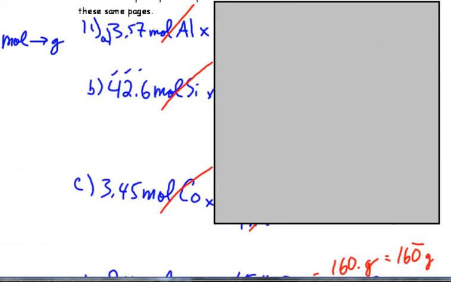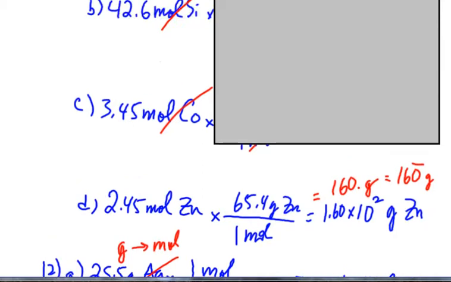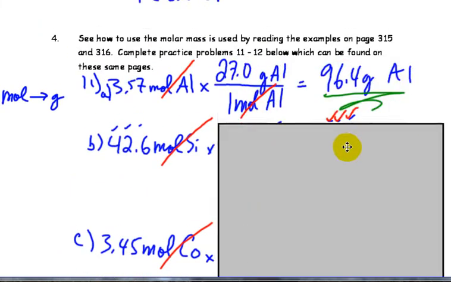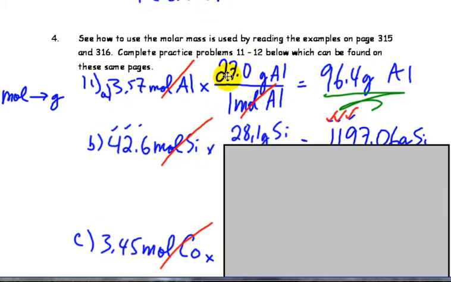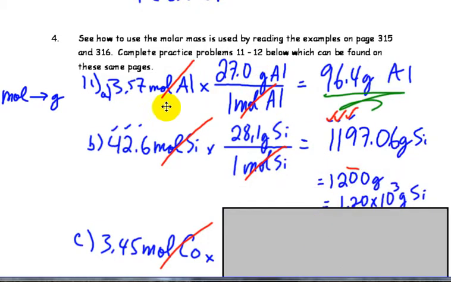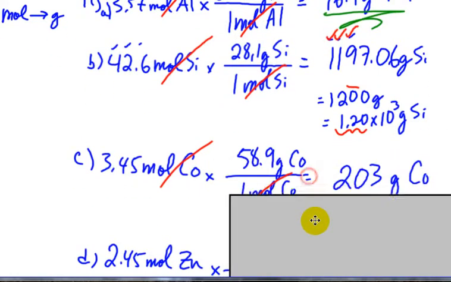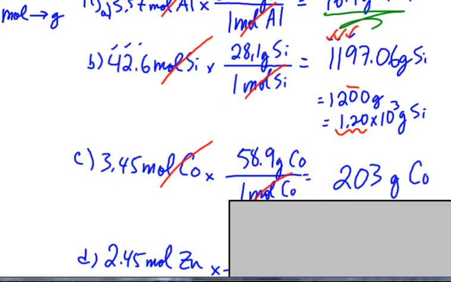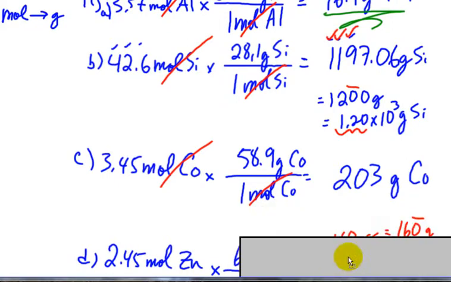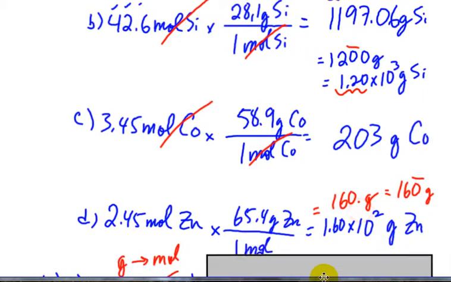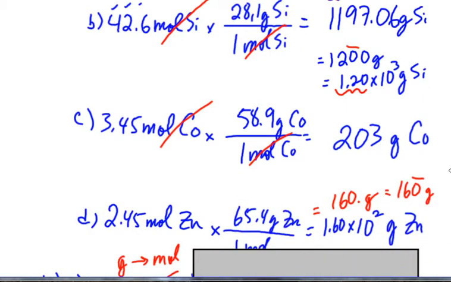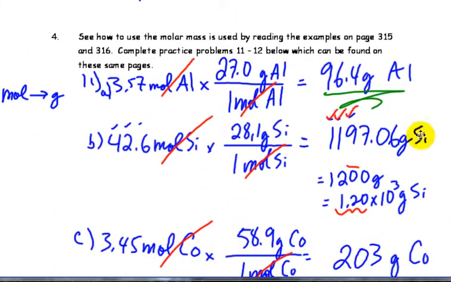So when we look up aluminum, silicon, cobalt, or zinc, you just simply look up those masses on the periodic table. Aluminum is 27.0, silicon 28.1, and I just go to 1 decimal place with all of these. Cobalt 58.9, and then zinc 65.4 grams. And of course the molar mass represents grams per mole, so moles cancel and I'm left with grams.